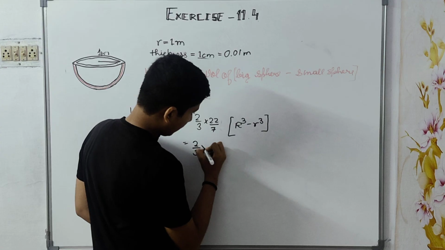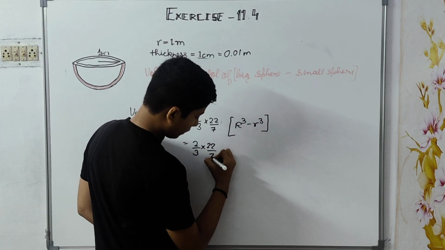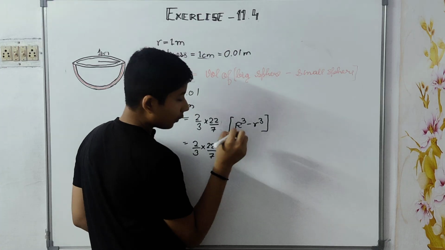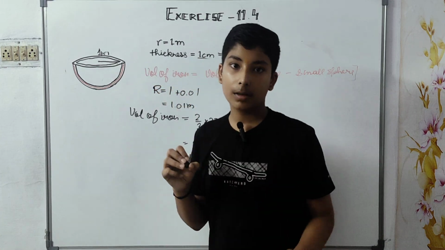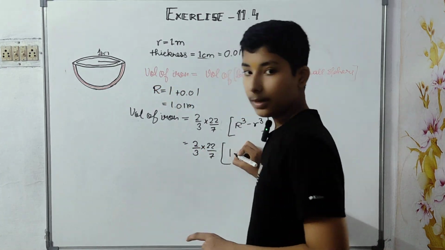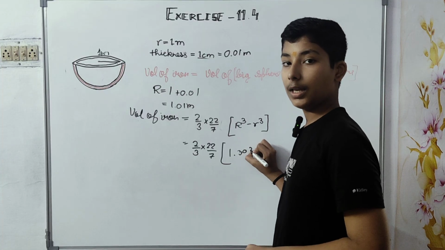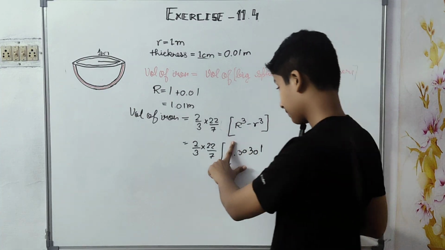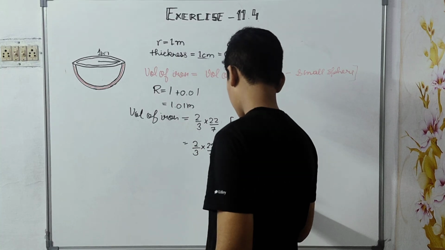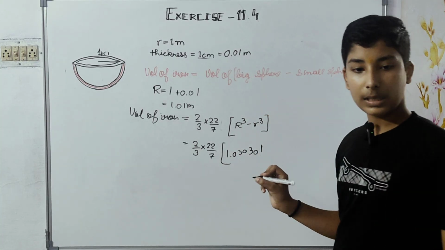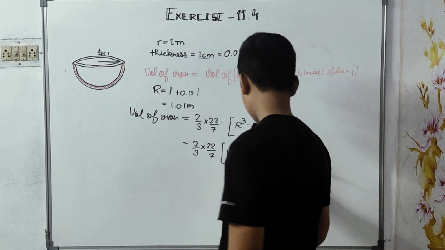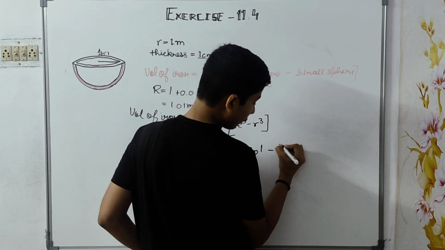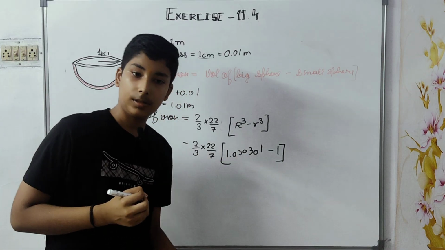2 by 3 into 22 by 7 into 1.01 cube. 1.01 cube is 1.030301, minus small r cube, 1 cube, which is 1 only.